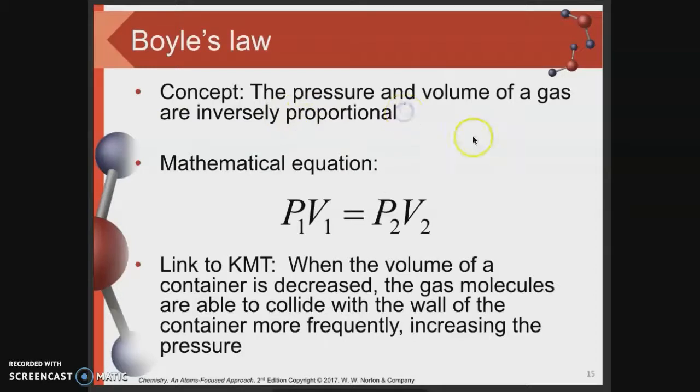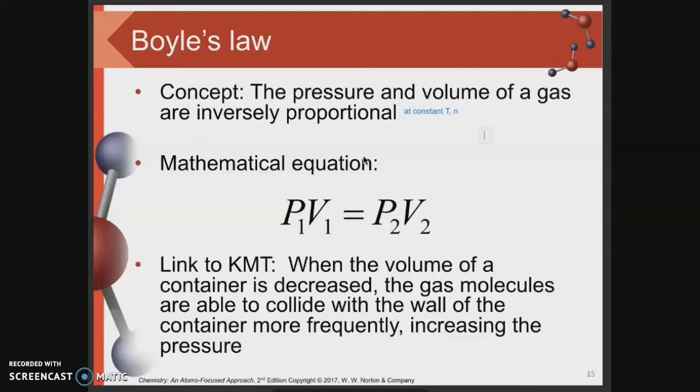And that proviso is they are inversely proportional at constant temperature and amount of gas. So if I have a balloon that I'm holding at a constant temperature and I've tied off the balloon so that no gas can go in or out, then Boyle's law definitely applies.